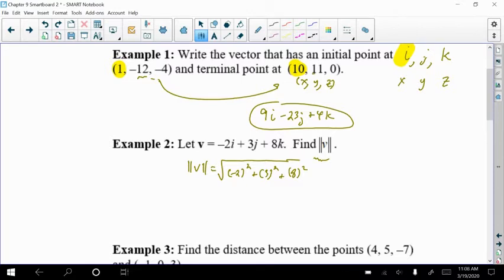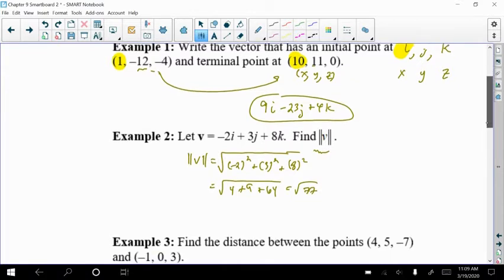Notice there are no i's, no j's, no k's, and therefore this is no longer a vector, it's a scalar. So let's simplify. That's the square root of 4 plus 9 plus 64, which is 77, which has no perfect squares in it. So we can leave it like that.